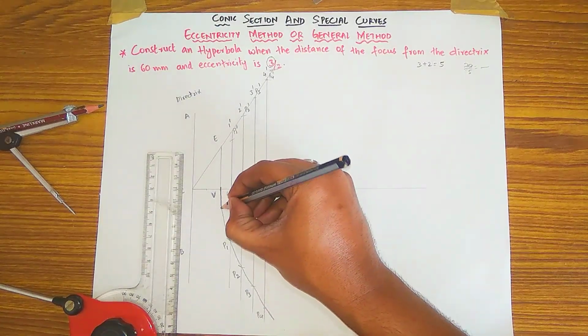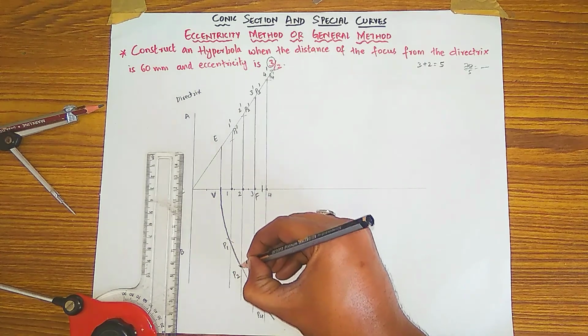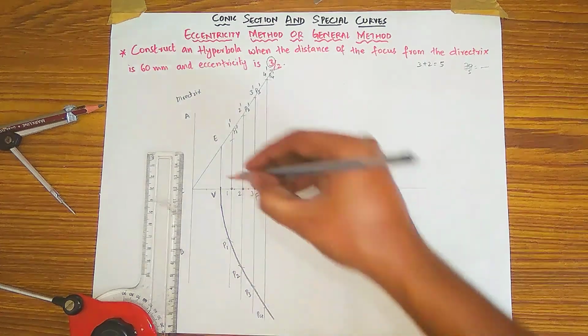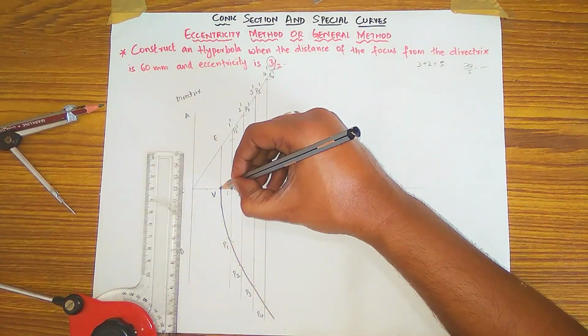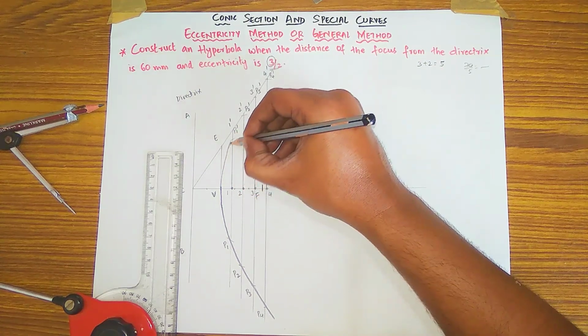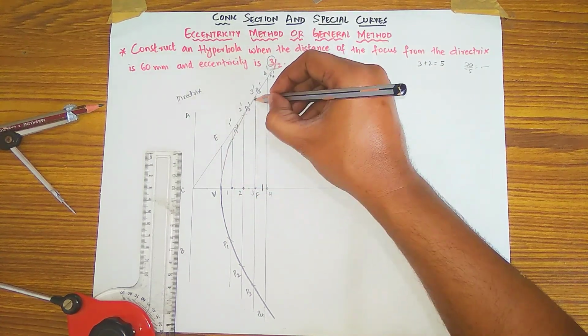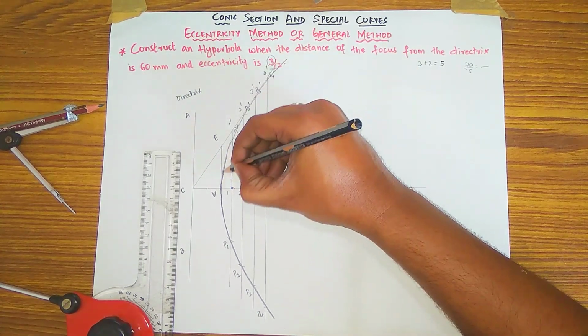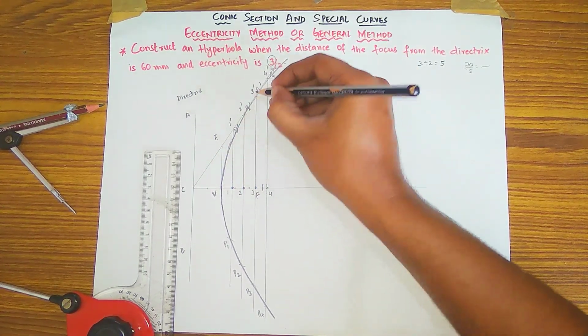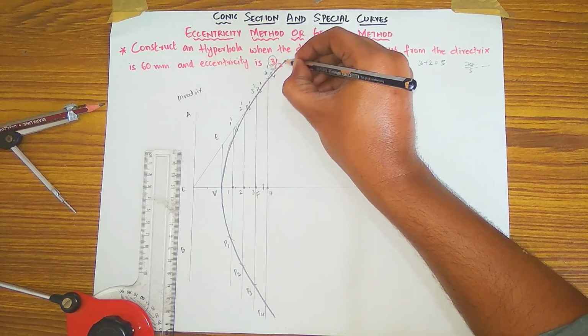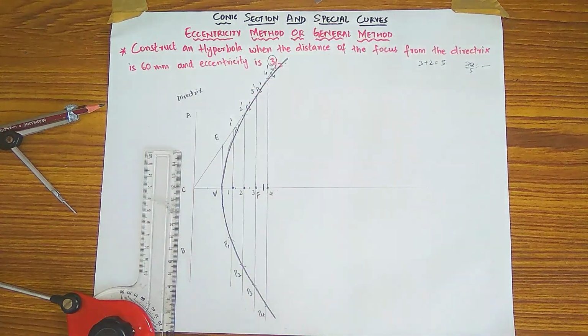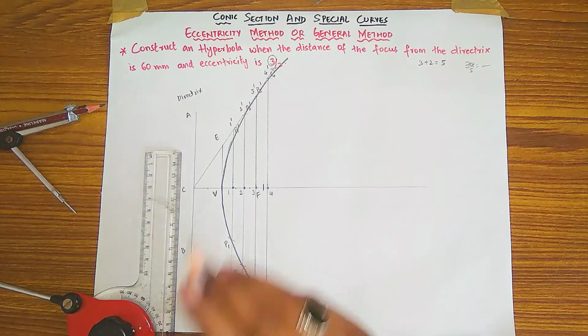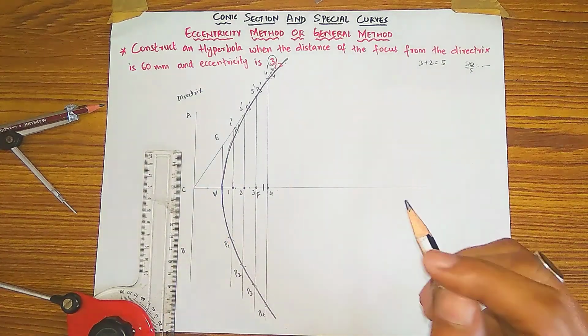Now you have to dot this line like this. Same upward also from the vertex through P1 dash, P2 dash, P3 dash, P4 dash, then extend it. Now dark it. This is the hyperbola constructed according to the question by the eccentricity method or general method.